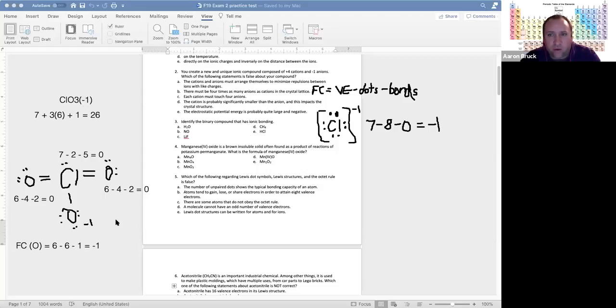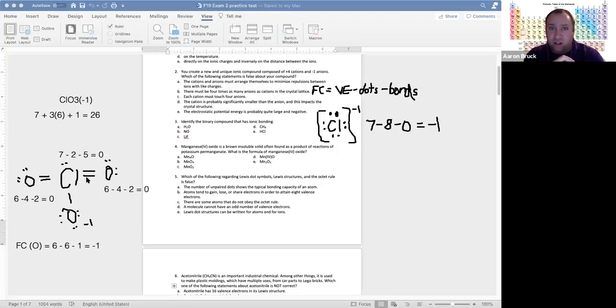So formal charge is different than the octet rule. The octet rule is just concerned with, do I have at least 8 electrons around each of my atoms? Because I need 8 electrons around those atoms to stabilize them, to get them to that noble gas configuration stability.